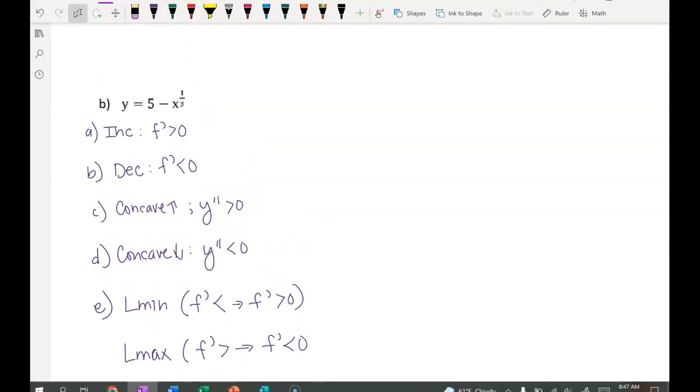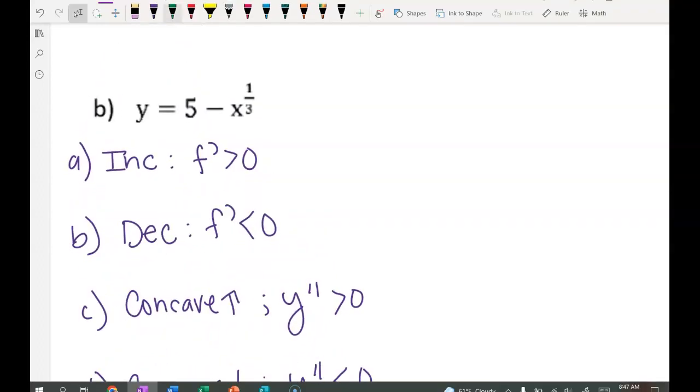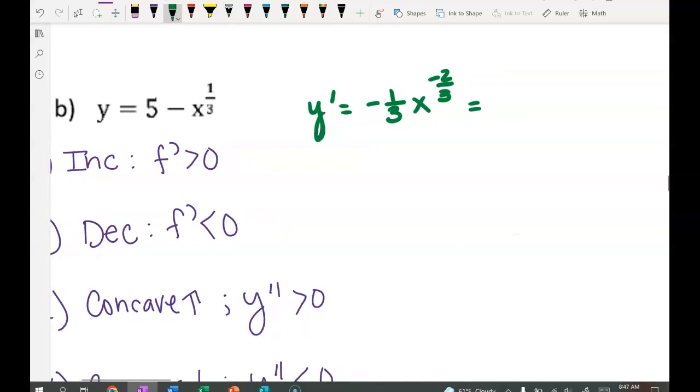Okay, so first derivative, let's go and do y prime. Y prime is going to be, 5 is a constant, so the derivative of that is 0. We will drop the power down for the variable x and subtract 1, so that will give us negative 2/3. It would be easier for us to solve for the critical points, so I'm going to rewrite it as a radical.